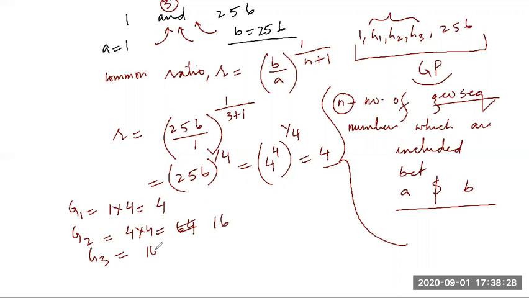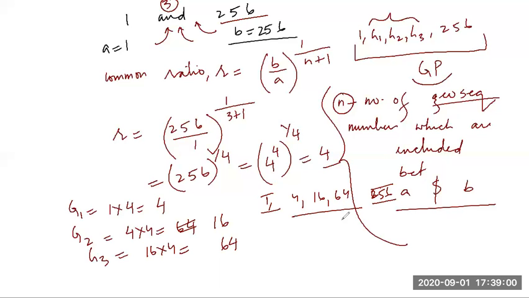And the third term will be 16 into 4, that is 64. Obviously, next term is 256. So the resulting geometric progression is 1, 4, 16, 64, 256. We wanted to insert three numbers between this, and those three numbers are 4, 16, and 64.